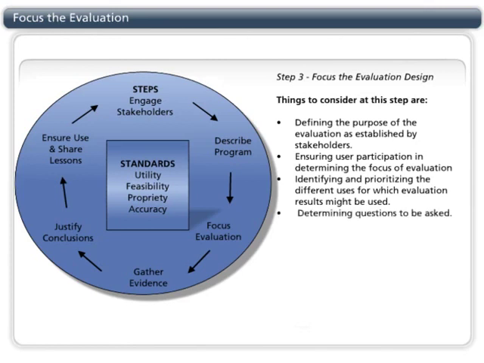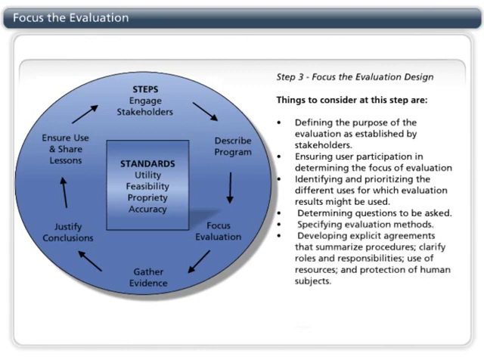Take some time here to collect questions, identify need for process, impact, and/or outcome evaluation. Specifying evaluation methods. This includes the design of evaluation and selection of measures. Developing explicit agreements that summarize procedures, clarify roles and responsibilities, use of resources, and protection of human subjects.